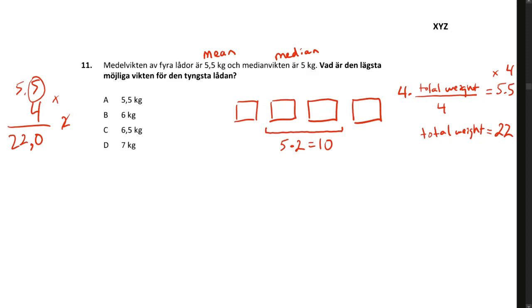So the weight of these boxes here has to be 10. Okay? So this section of our picture equals 10 kilograms. So now let's take a look at if the big box, we'll say this is the heaviest box.